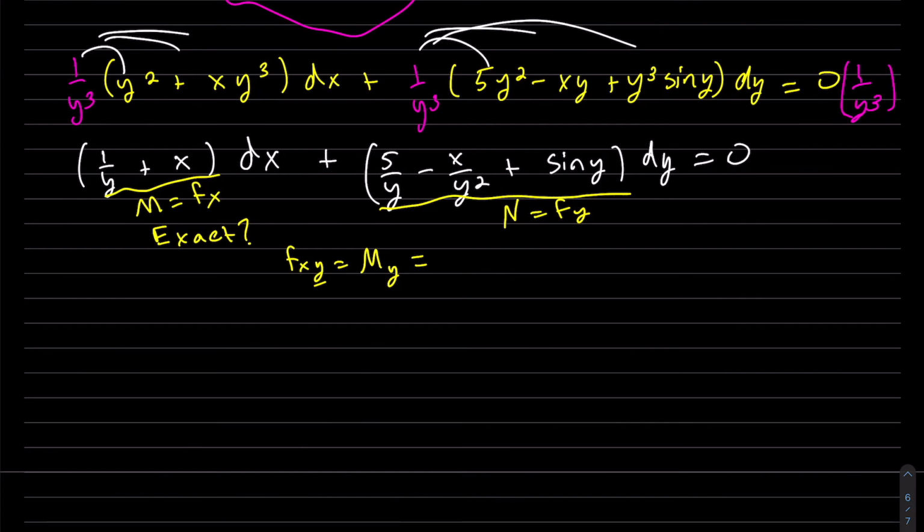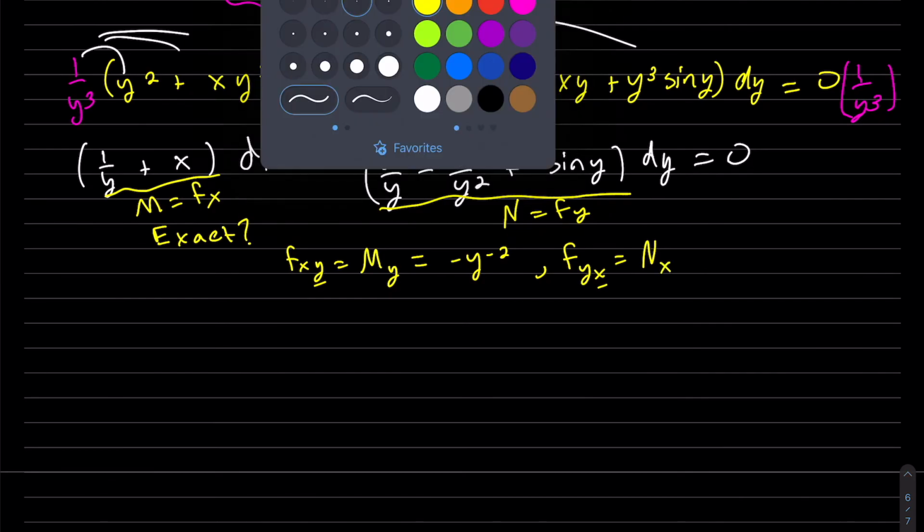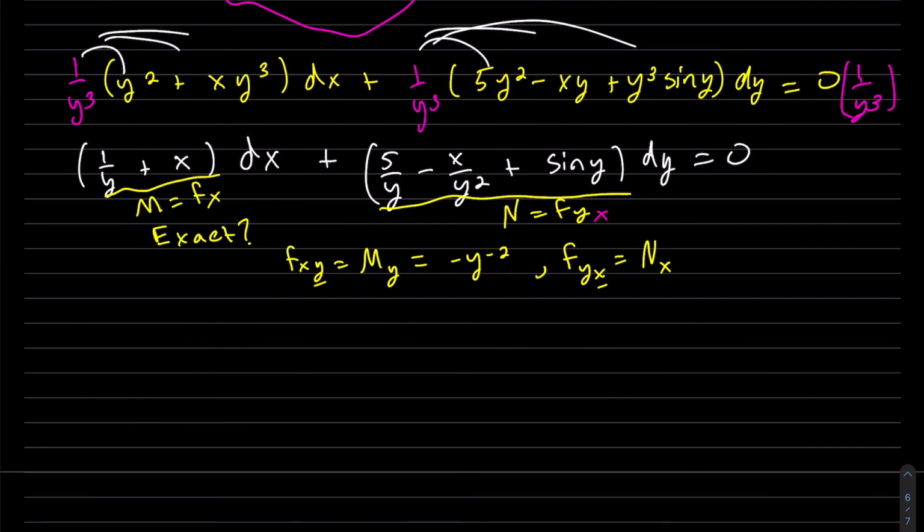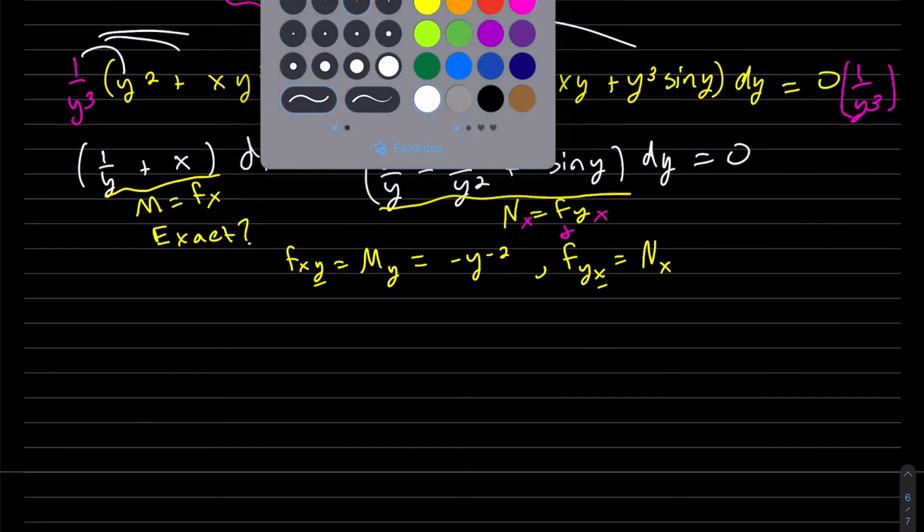In terms of y, again, that's y to the -1 minus y to the -2, 0. And so f of yx, which is actually n, and this is y, so I add an x on both sides. So basically, just to remind you, we're going x, x. That's how we get that.